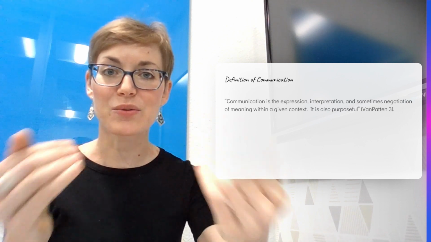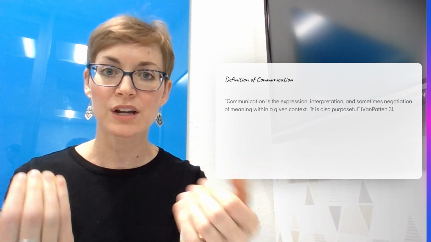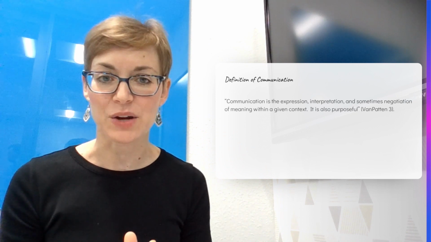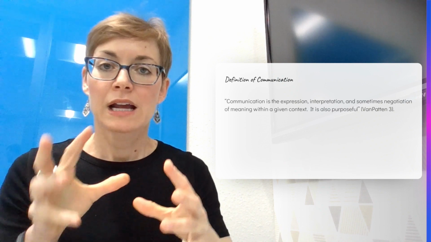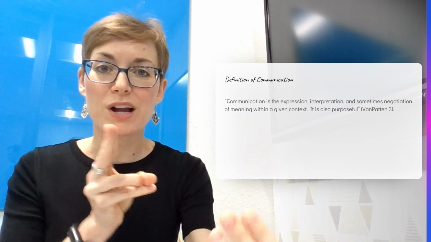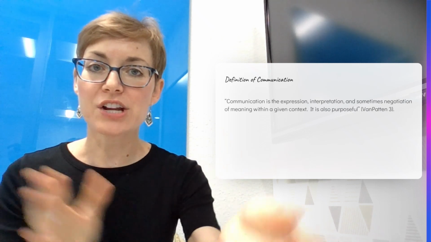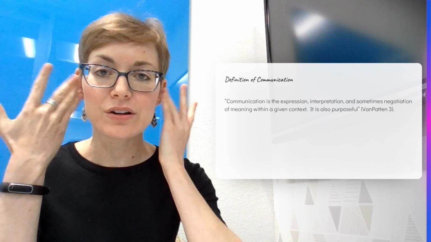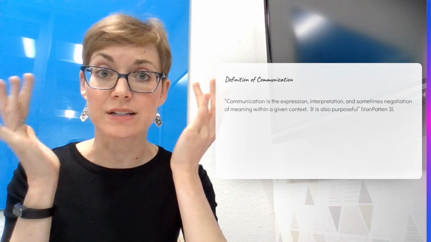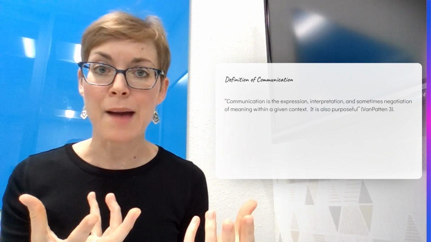Expression is when language comes out of the student, okay? It's either spoken, written, or it is signed in the case of American Sign Language, okay? In order for communication to happen, we need both expression and interpretation to be present. Interpretation is when we hear or read or view in the case of American Sign Language, and we understand what is happening.